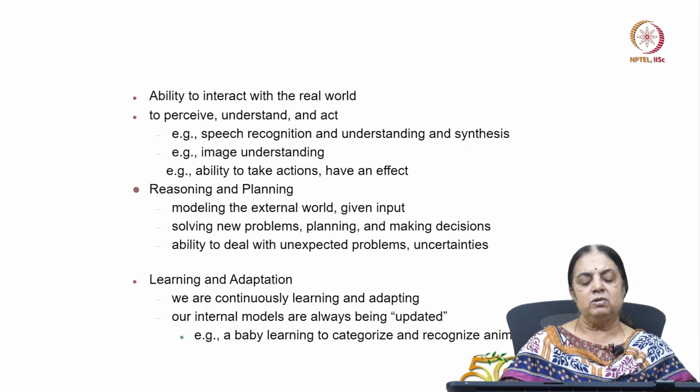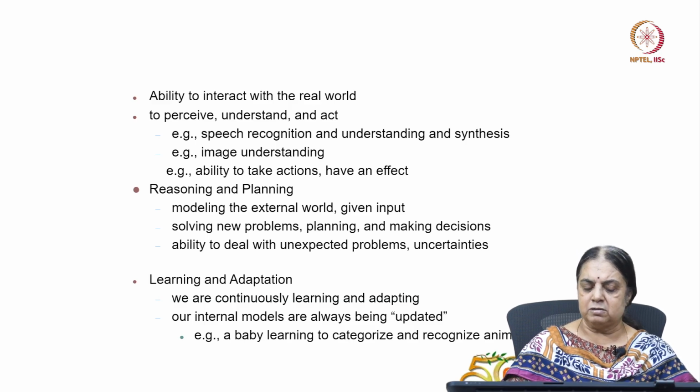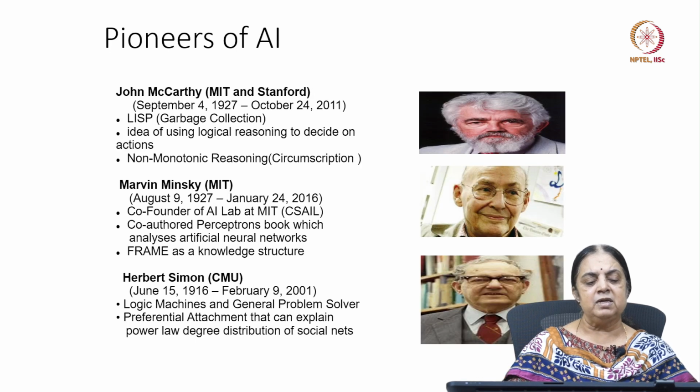We need to continuously learn and adapt. As the real world changes, we need to adapt ourselves according to what is happening in the real world. Our models have to be always updated. These are the things necessary for basic intelligence.